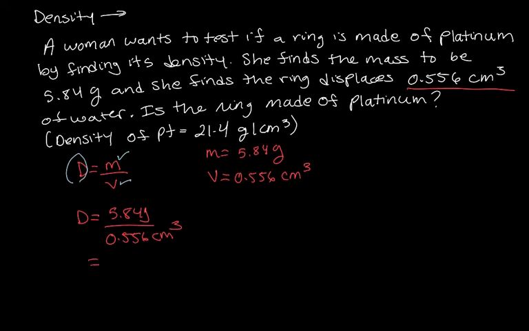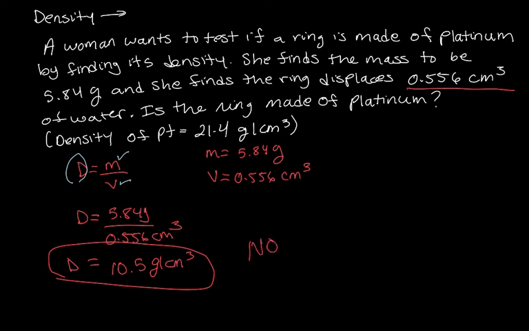And when we carry this calculation in our calculator, we end up with 10.5 grams per cubic centimeter. That's our density. Now, is the ring made up of platinum? No, because I gave you the density of platinum to be 21.4 grams per cubic centimeter, and this is not made up of platinum.